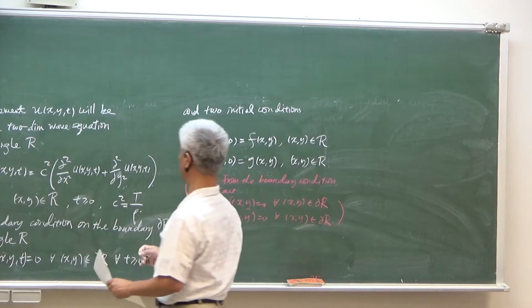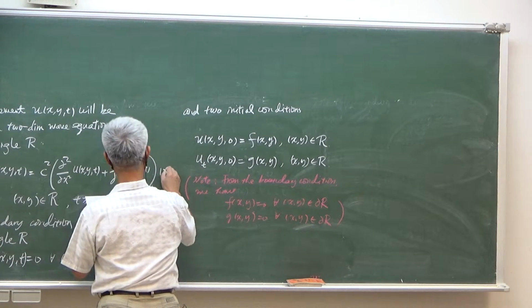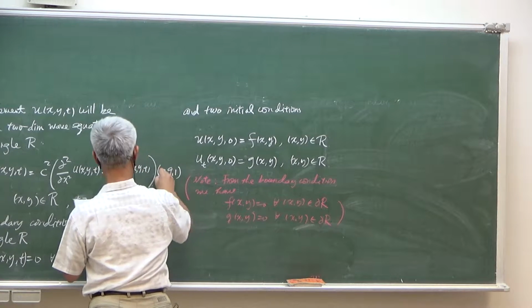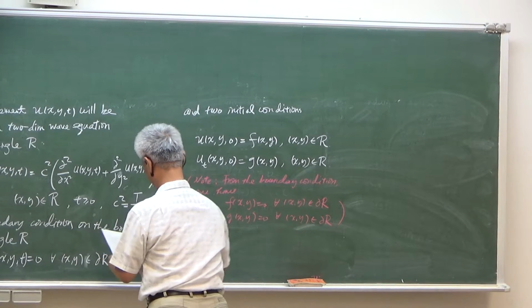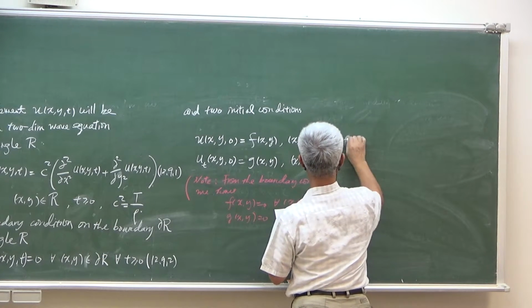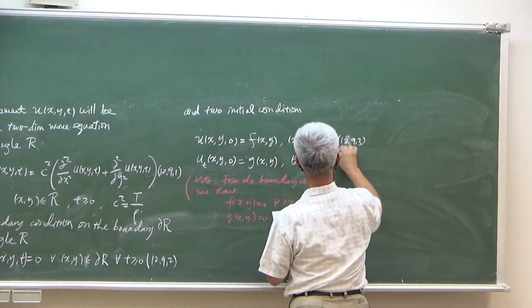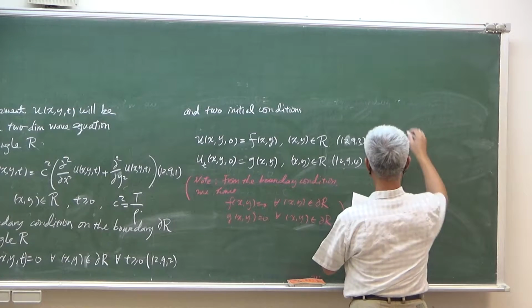So let me name the equations here: 12.9.1, 12.9.2, 12.9.3, 12.9.4.